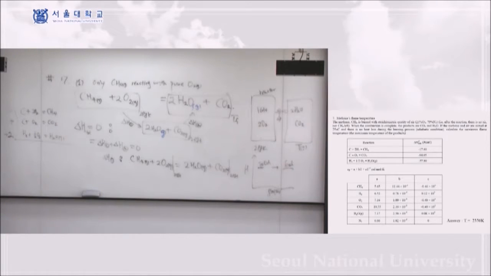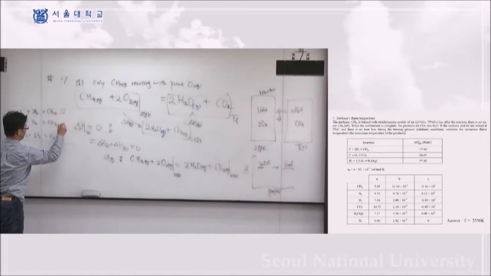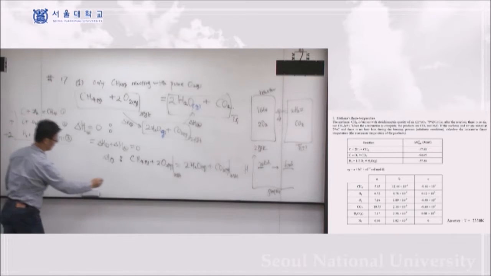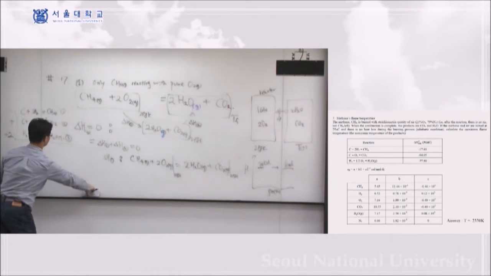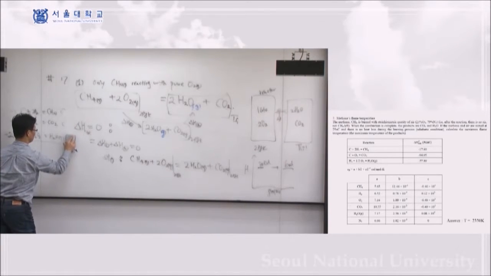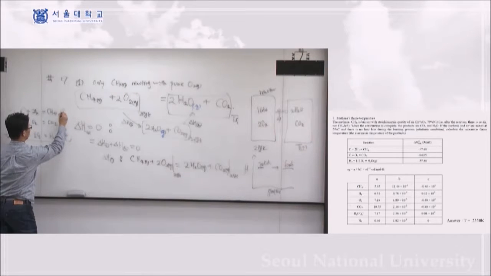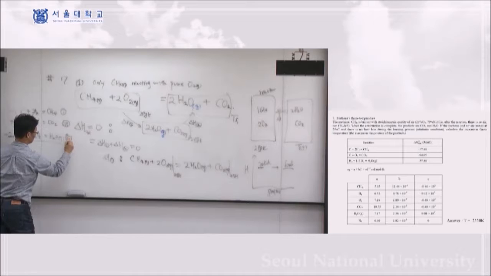In this way. So delta H1. So let's assume this is reaction 1, 2, 3. Then delta H1. Sorry, it's not very good. So small 1, alphabetically 2. This one.